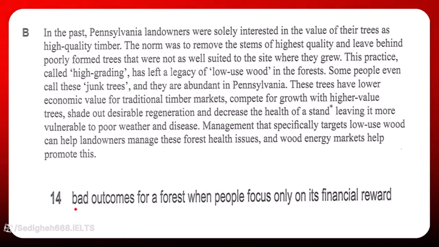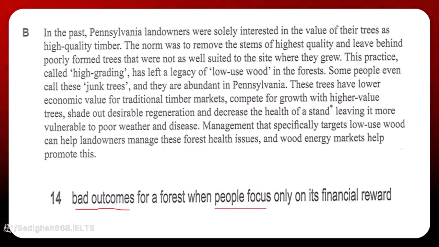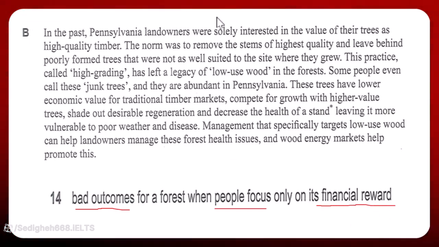The first one is bad outcomes, then when people focus only on its financial reward. To find the answer to this question, we have to read the text slowly. So we start from the beginning.